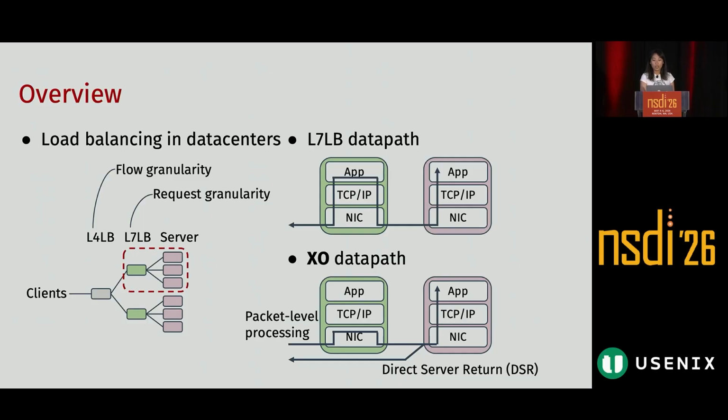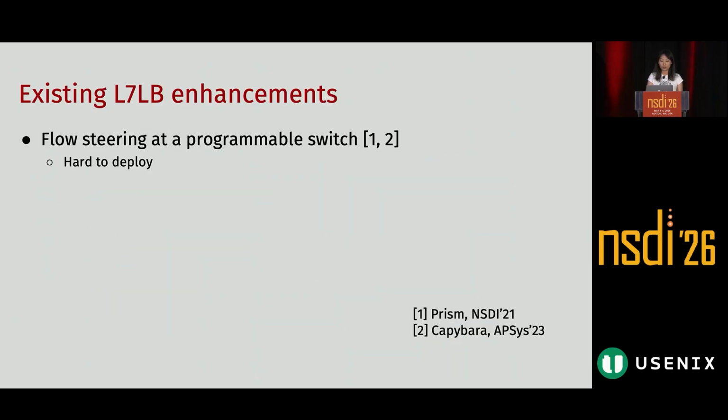As a result, XO can dramatically reduce the CPU and network bandwidth usage, and also XO can better utilize the backend server resources, which would otherwise be underutilized. In the rest of this talk, we are going to present how this architecture is achieved.